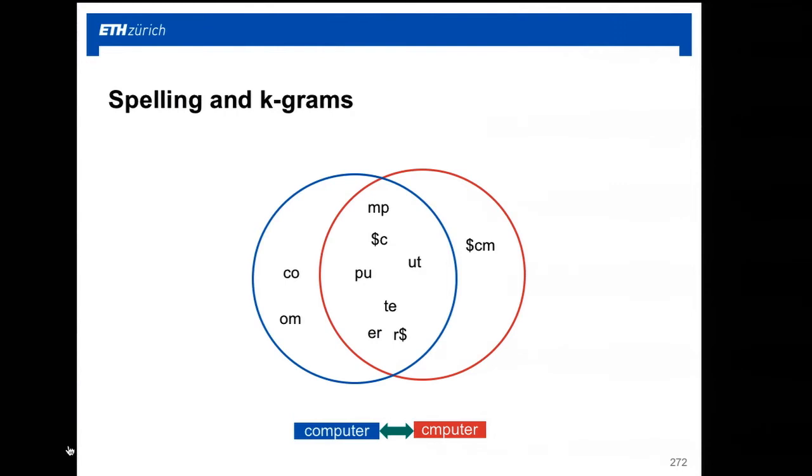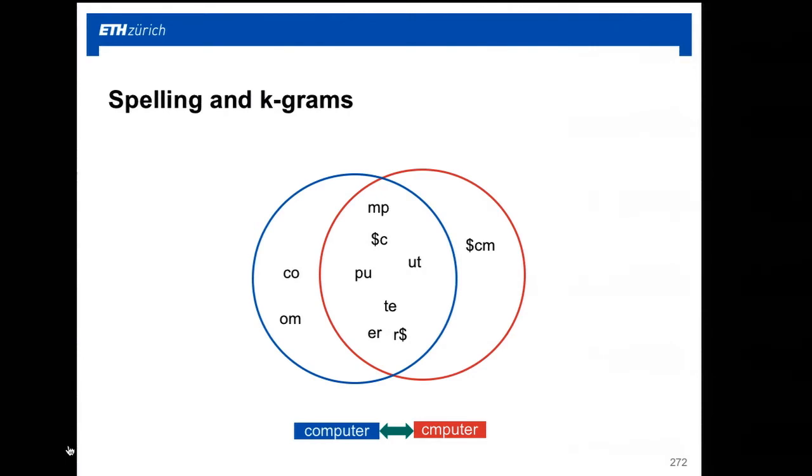The trick here, and I actually told you about that, is that we are using the dollar at the beginning and at the end in the k-grams. The idea is that we want to catch, for example, wildcard queries, when we have a star at the end, at the start, and so on. So we want to know when the word ends.